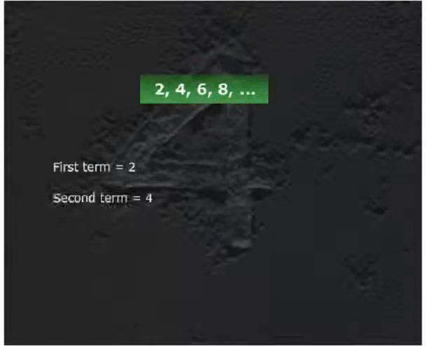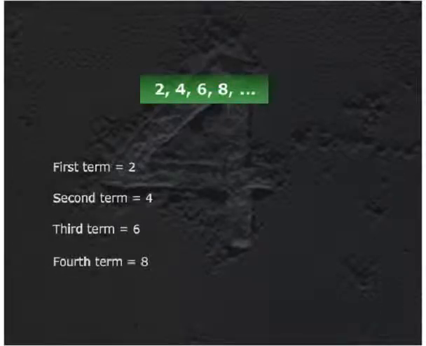Now, 2, 4, 6, 8, these are all known as the terms of the sequence. So the first term is 2, second term is 4, third term is 6, and so on. Now, if we have to write a general term of an AP, we denote it by a_n.